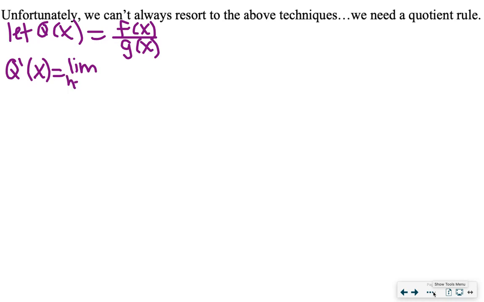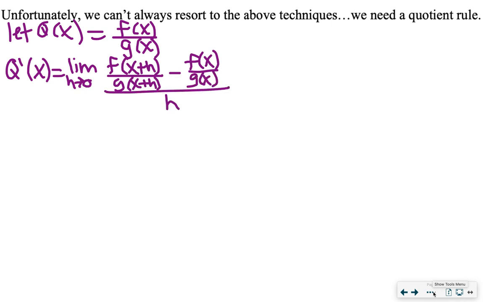Using those first principles to take the limit of, what do we got? We've got f of x plus h over g of x plus h minus f of x over g of x all over h. Right, there's my limit, first principles, definition of a derivative.